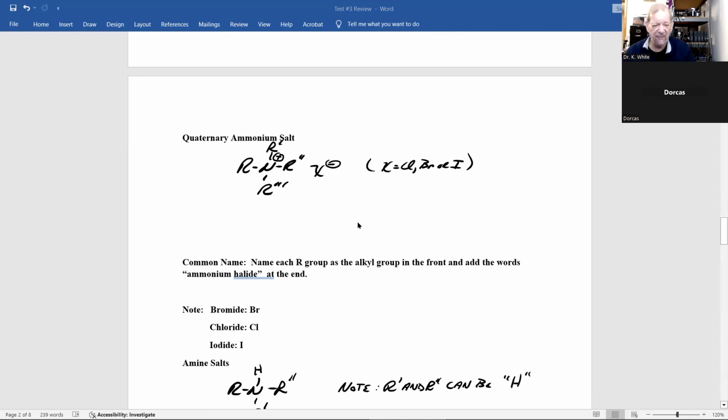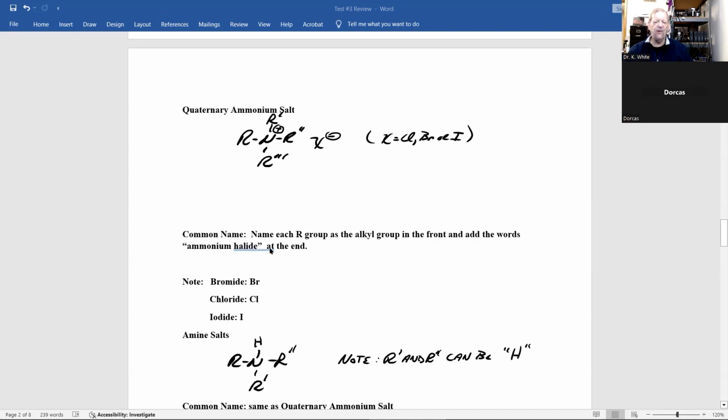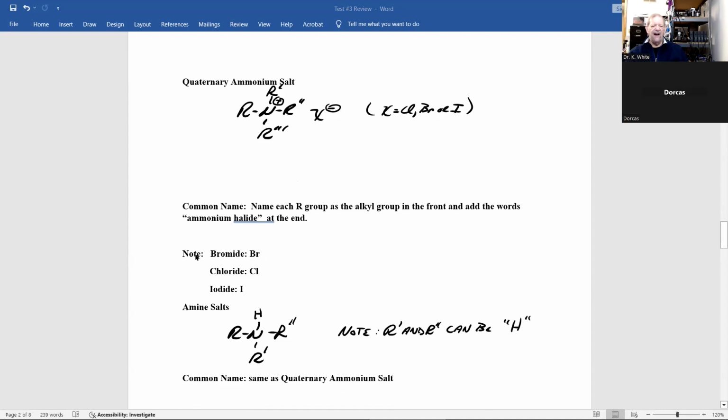How do you name them? The common way, name each R group on the nitrogen as the alkyl group it is. And then add the words at the end, ammonium halide. Now, if X is Br minus, that's ammonium bromide. For chlorine, it's ammonium chloride.